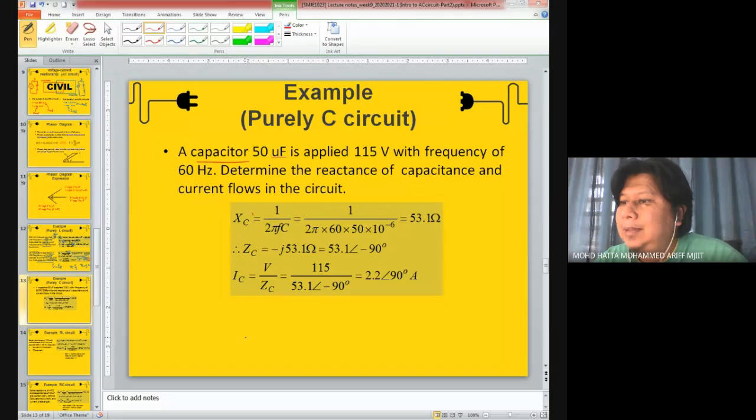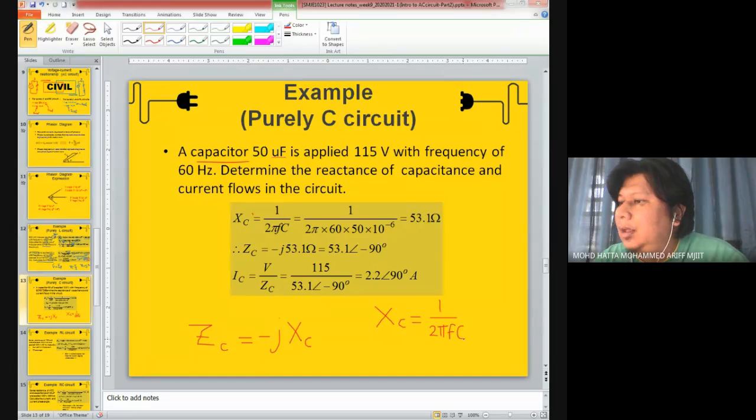For capacitor, we know that ZC will always be given by negative JXC. Okay, and this XC is always given by equation of XC equals to 1 over 2 pi FC.